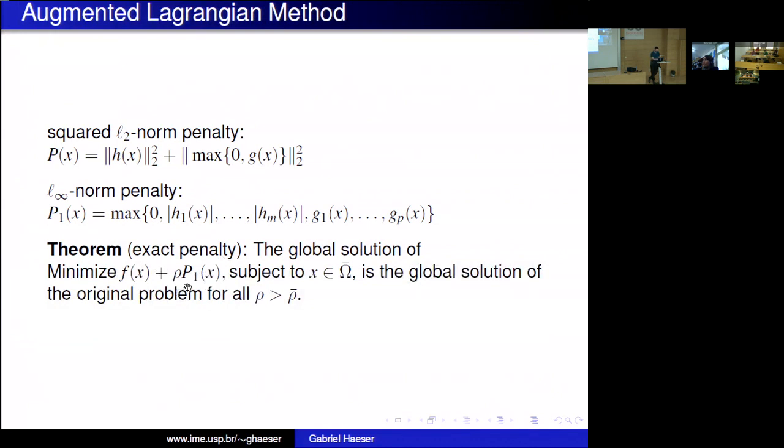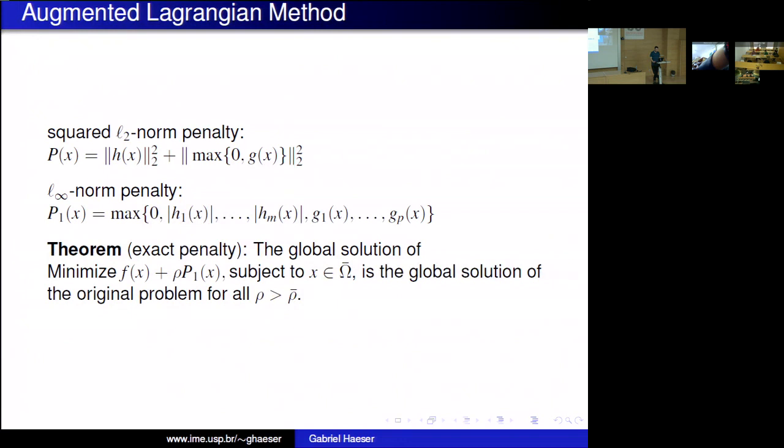If rho is sufficiently large, so there exists some rho bar such that for every rho greater than this rho bar, when you solve this subproblem with this other penalty function, you get the global solution to the original problem. So with this penalty function, you don't have to increase the penalty parameter to infinity.